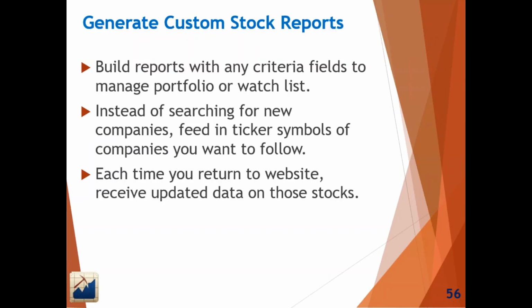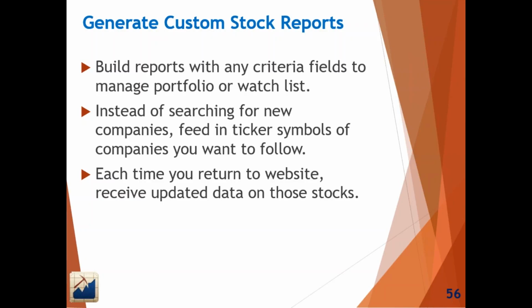Another way that you can use the program is because you can search for companies that match a particular list of ticker symbols, we can use the tool as a custom stock report builder. So you can use this to build reports using the companies in your current portfolio, right, or your current watch list. So you could actually be monitoring your watch list.